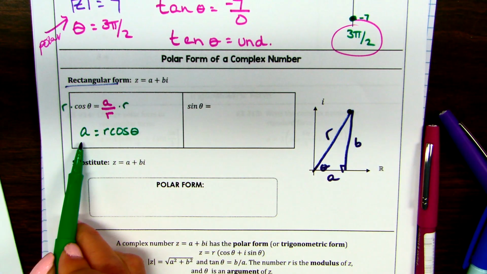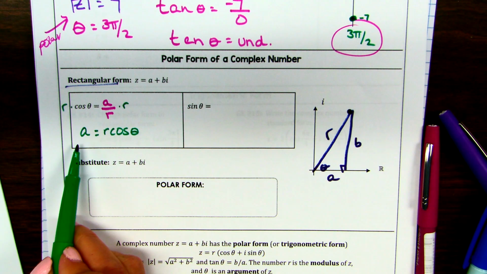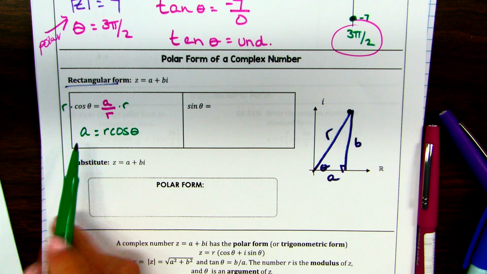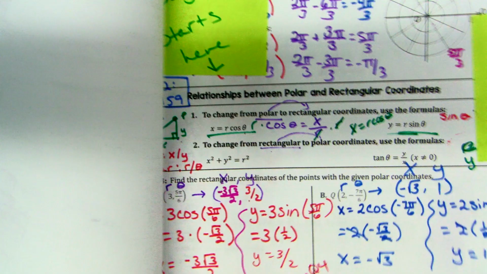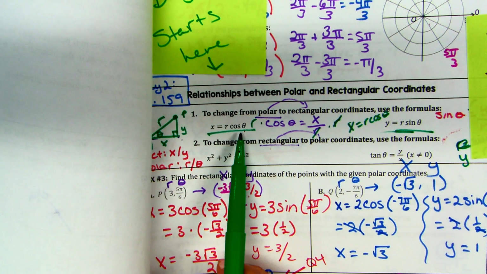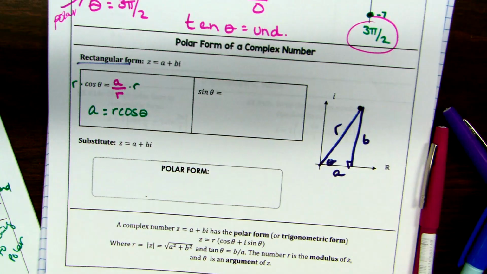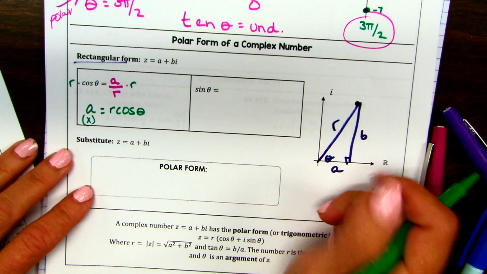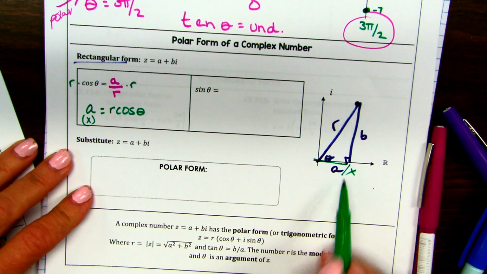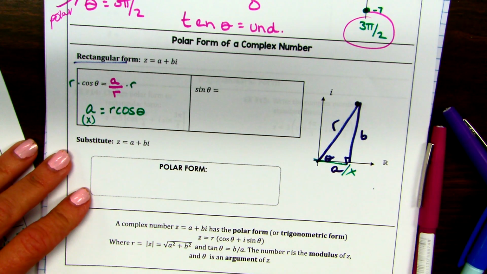Instead of A right here, what did we have on Friday? X. X equals R cosine theta. Why is it A now? Remember, A and X are interchangeable. It's the same side of that right triangle, okay?